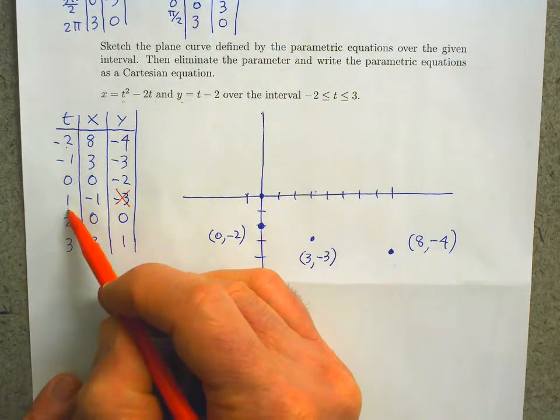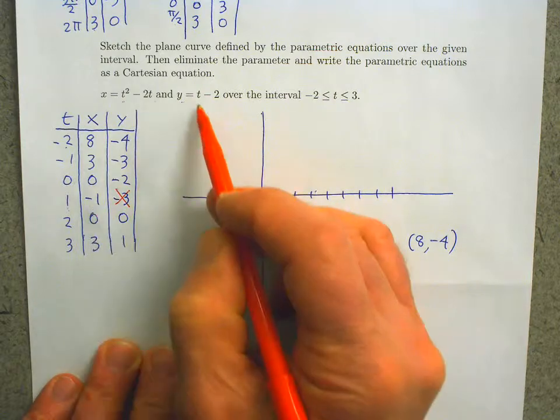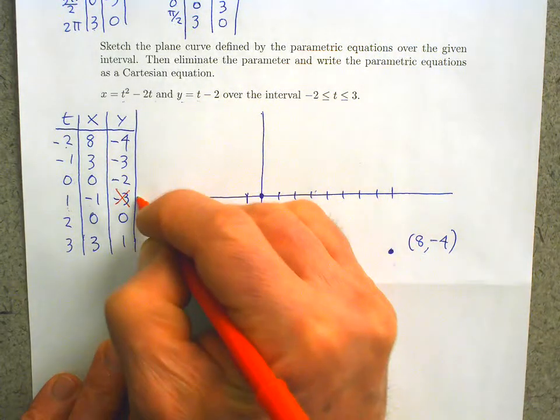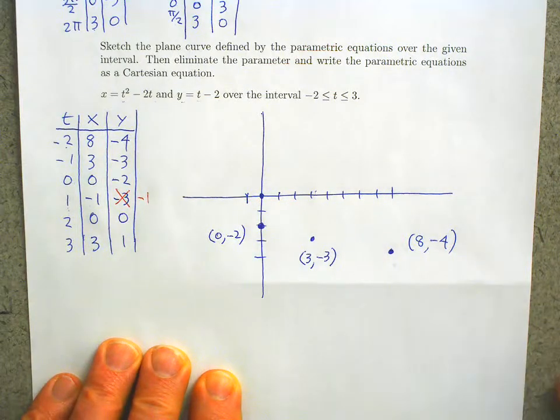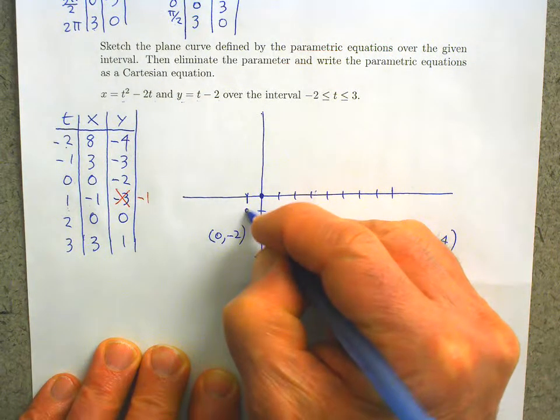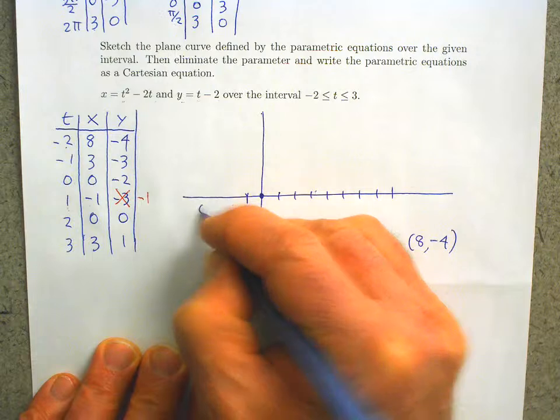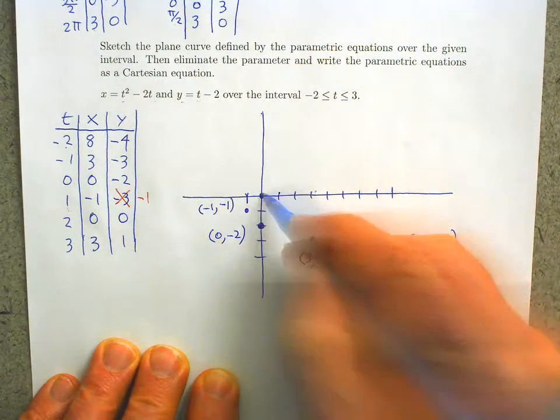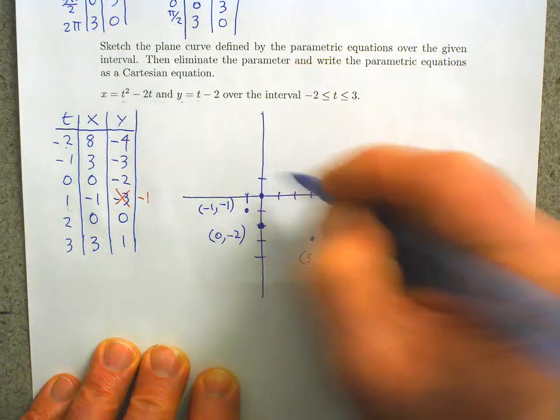When t is 1, 1 minus 2 is -1. Okay, that makes me feel better. So -1, -1. 0, 0, and then finally 3, 1.